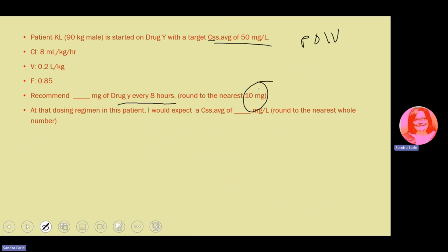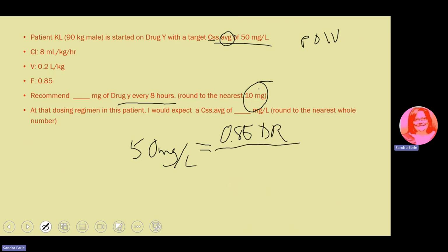So this is our maintenance dose. Our CSS average, and the average kind of tips us off. We want to have a CSS of 50 milligrams per liter, and our bioavailability is 0.85. We're solving for our dose rate. Our clearance is 8 milliliters per kilogram per hour, and our patient weighs 90 kilograms.